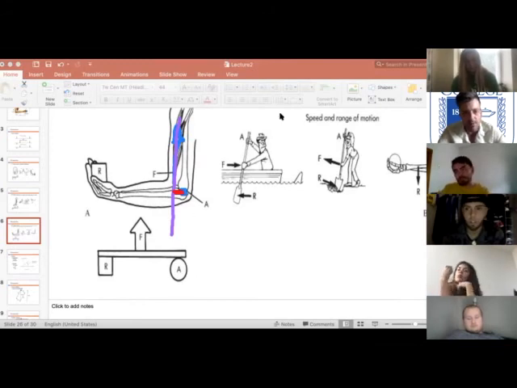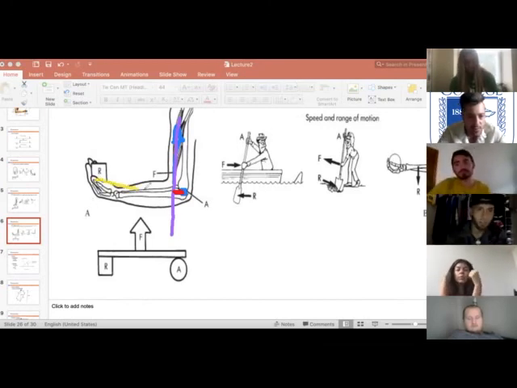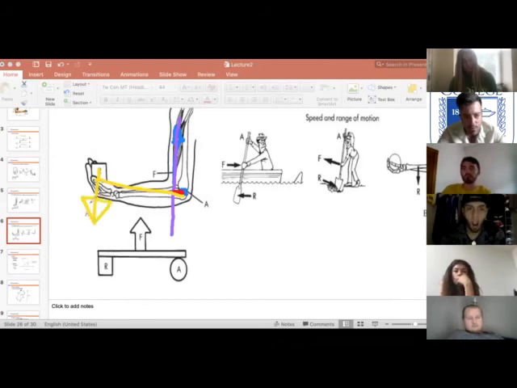But no doubt, this distance here associated with the resistance force is going to be much bigger than that moment arm. So you have the resistance force pulling downwards, all right, creating a force, and that force right here is multiplied by this distance right here.